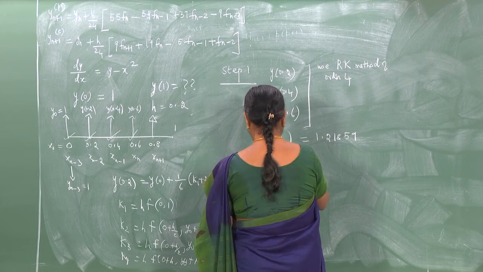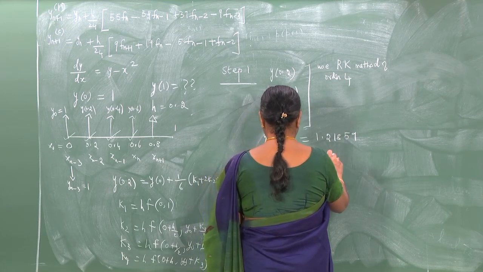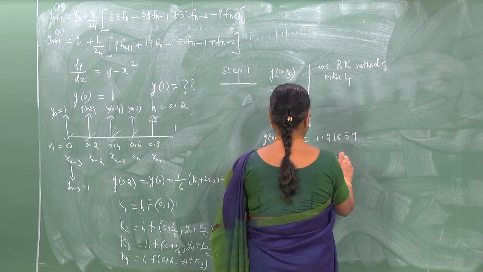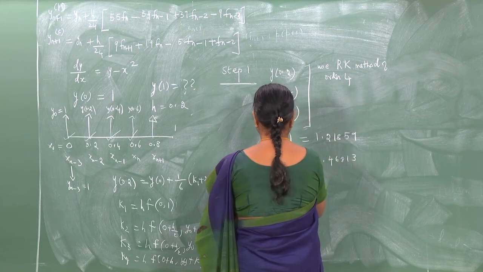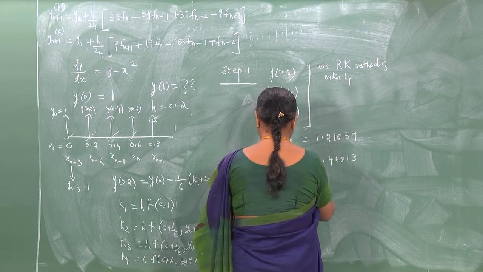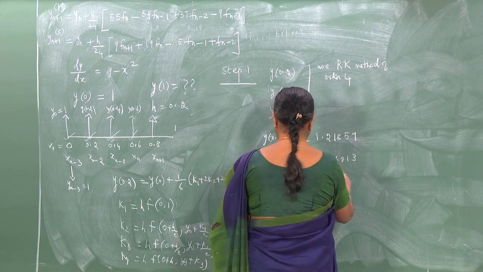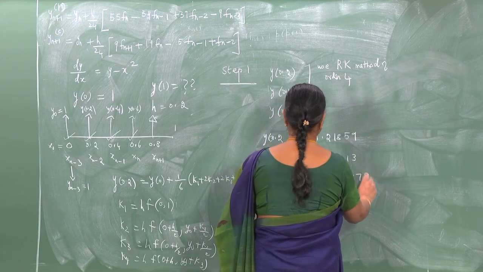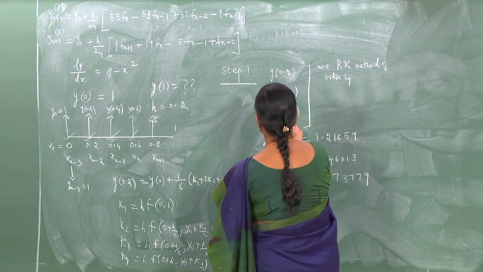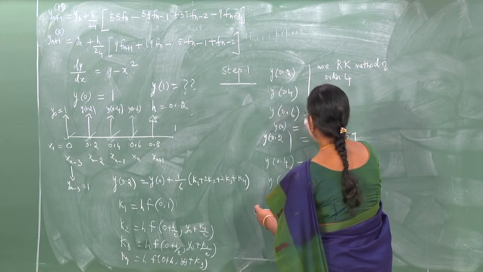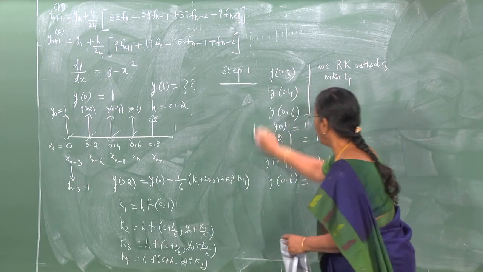Y at 0.4 is 1.46813. Y at 0.6 is 1.73779. And we already know that y at 0 is 1.